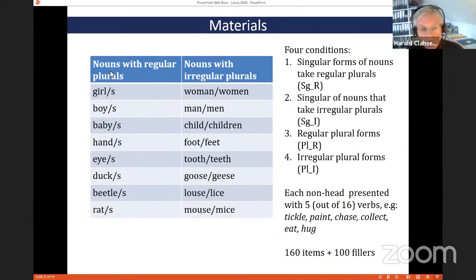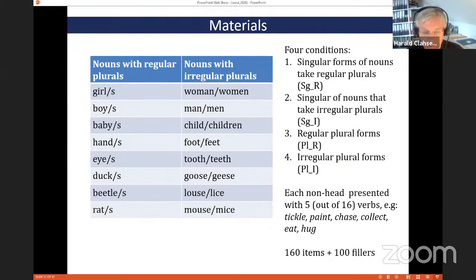Okay. So we had nouns with regular plurals and nouns with irregular plurals that were matched in meaning, length and frequency. Each of the four types of candidate non-heads, singular regular, plural regular, singular irregular, plural irregular, was combined with 5 out of a set of 16 different transitive verbs, for example tickle, paint, chase, collect.